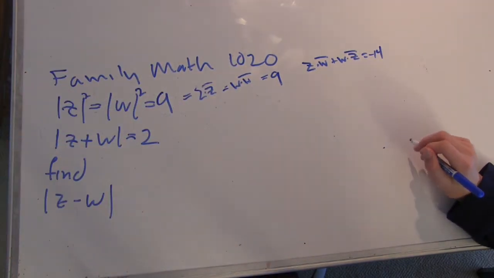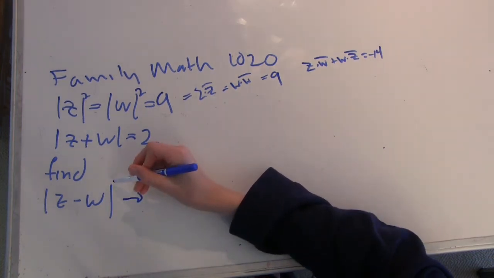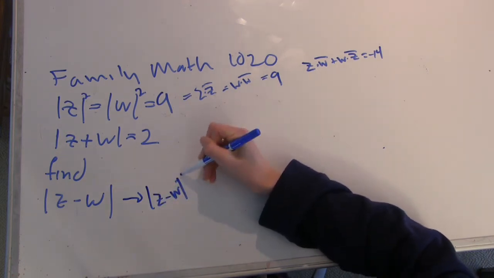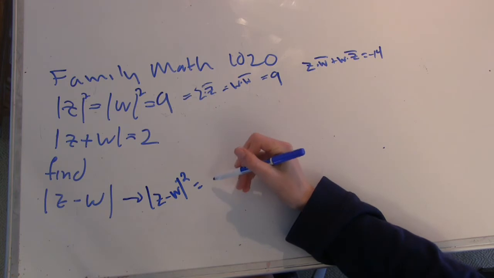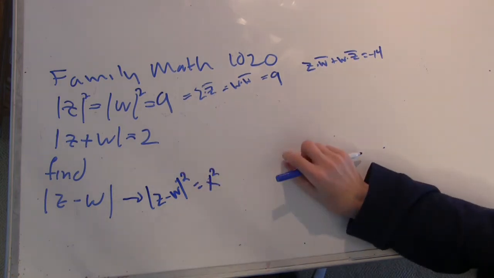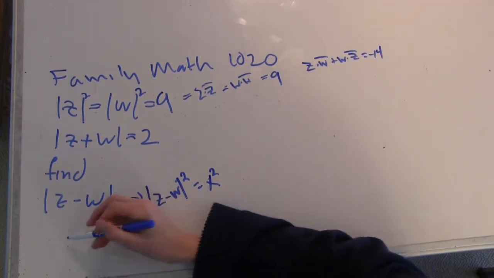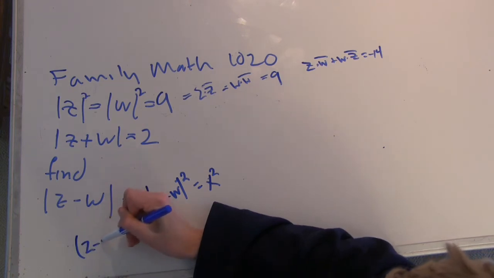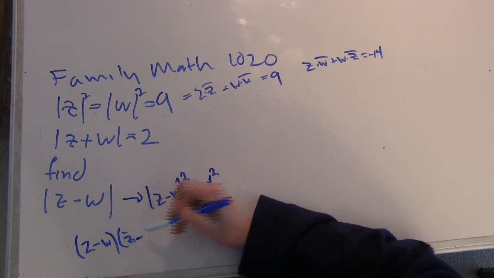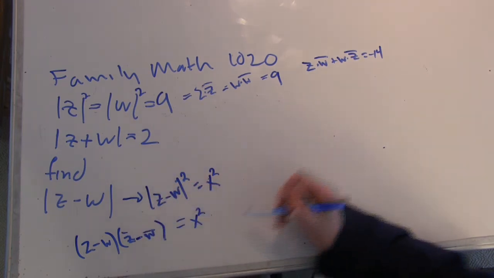Alright, so we're trying to find z minus w. We can do the same thing with this. You can square it. We don't know what that equals, so we can just call it x squared, because we're trying to find what this equals. So this becomes z minus w times z bar minus w bar equals x squared.